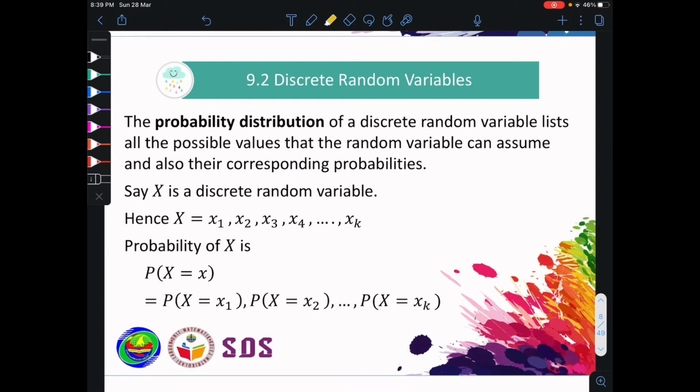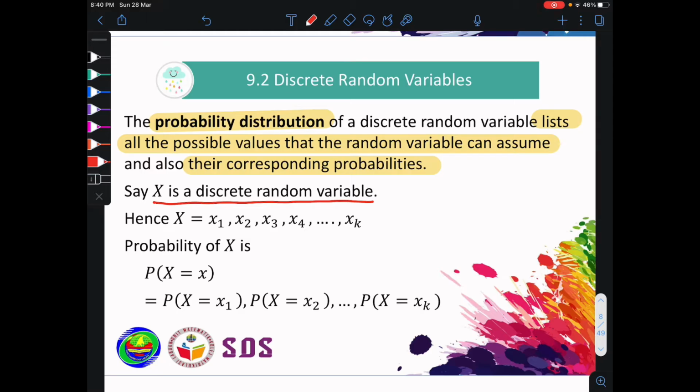What is the meaning of probability distribution? The probability distribution of a discrete random variable lists all the possible values that the random variable can assume and also their corresponding probabilities. Say, for example, it is given to us that X is a discrete random variable.